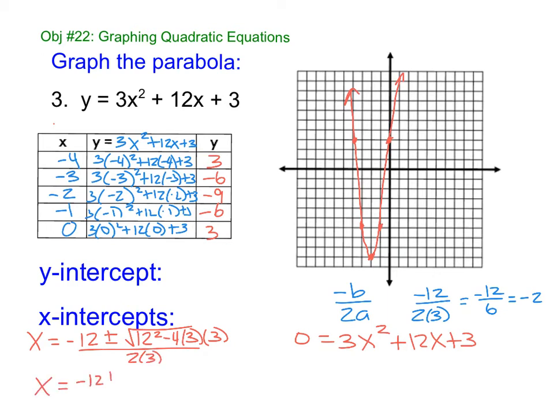Negative 12 plus or minus, all over 6. Let's see what we get under the square root. 12 squared minus 4 times 3 times 3. I get the square root of 108.